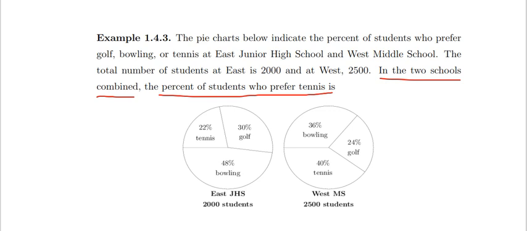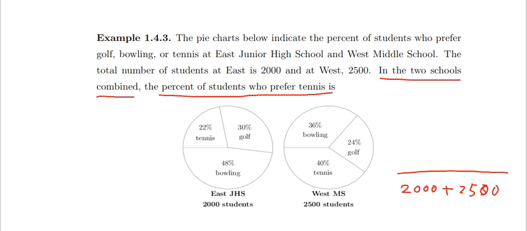Combined means the total number of students: this school is 2,000 and this one is 2,500, right?